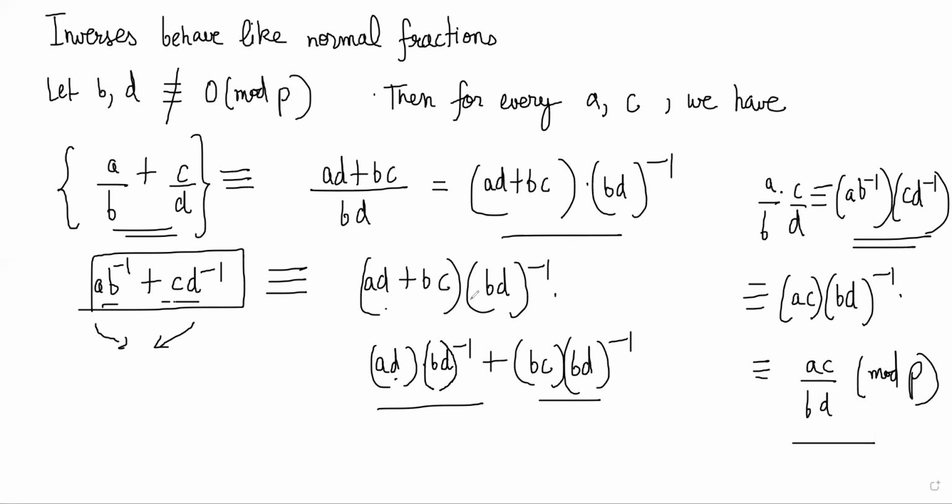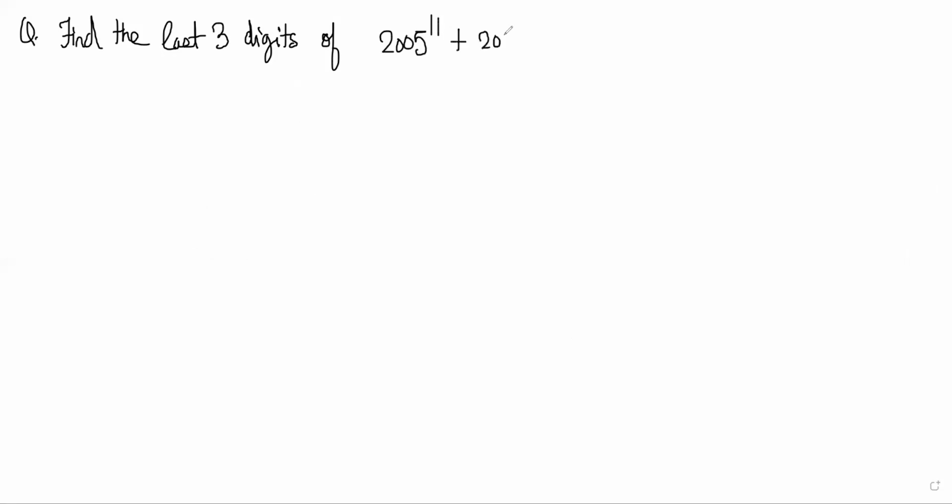For now, let's look at a question first. Find the last three digits of 2005 to the power 11 plus 2005 to the power 12, and so on till 2005 to the power 2006.